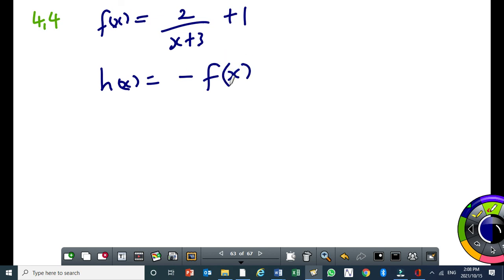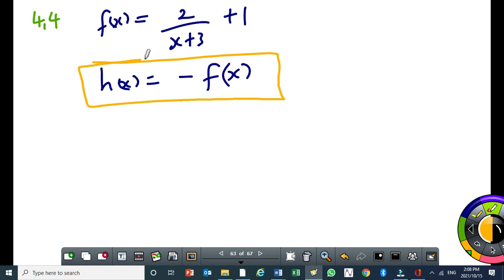This is the general equation for reflection about the x-axis. For today, I'll tell you the one for the x-axis, then Monday I'll tell you for the y-axis.